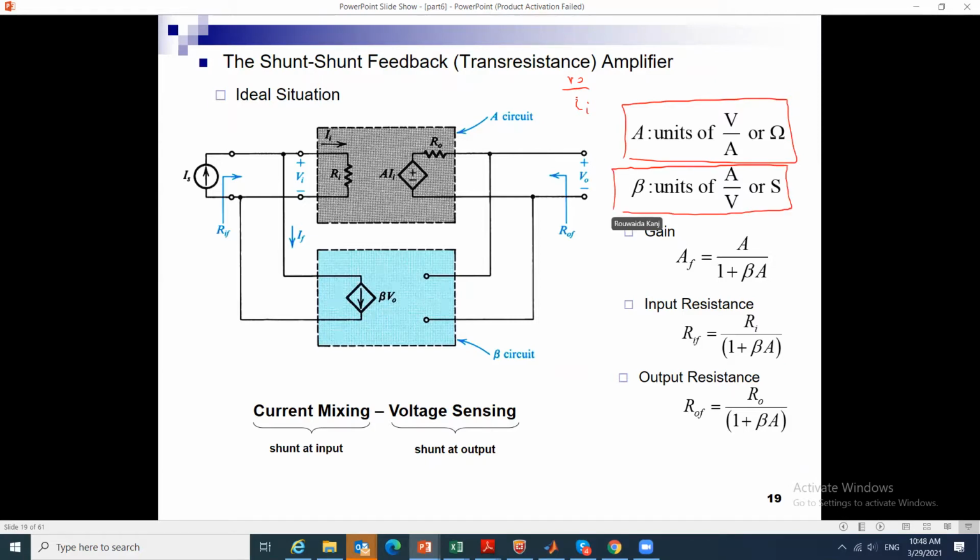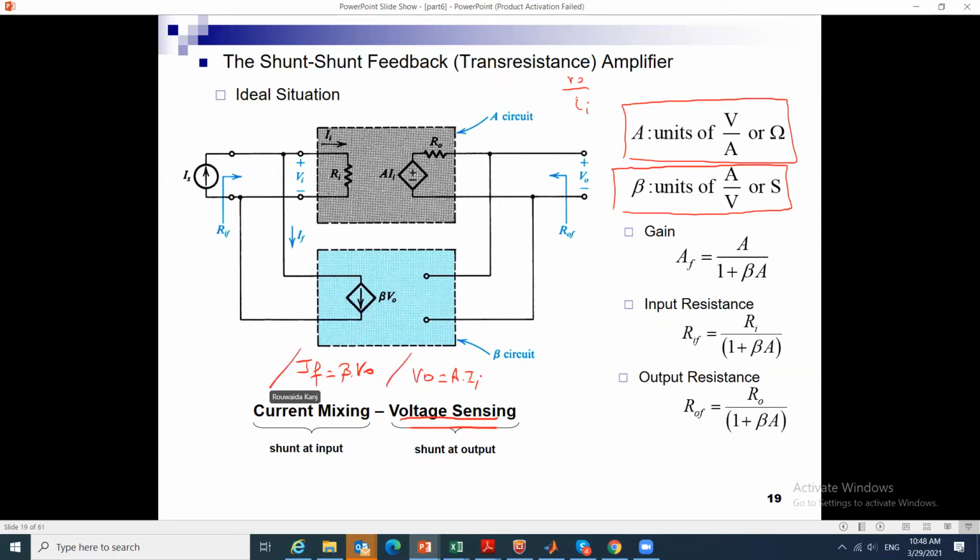Okay, so what I do, since it's a transresistance, I sense the output voltage. So VO is A times IN. I sense it. And then I send feedback current to be mixed with the input current source. So IF is equal to beta times VO.